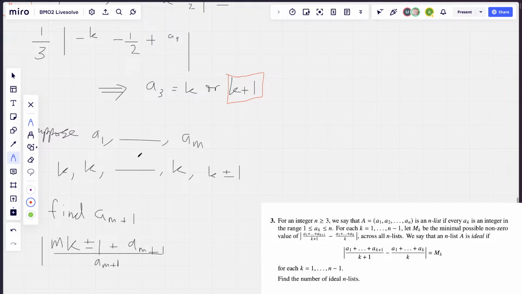Okay, so we can pick m. The only one we have to care about is when we have m small, m big, and then m in the middle, right? Because there might not be a plus 1 or a minus 1. So if m equals 1, then we just have one choice for the plus 1.